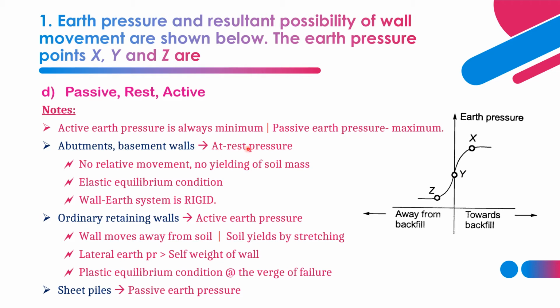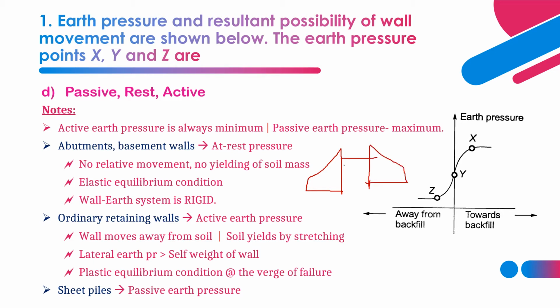At rest earth pressure will be existing in abutments and basement walls. What that means is there will be no relative movement between wall and soil, and hence there will be no yielding of the soil mass. For example, you can see this is one abutment wall, and similarly here also there is one abutment wall.